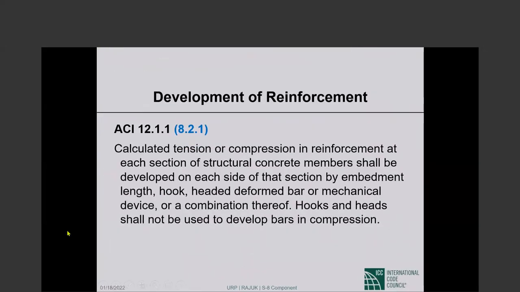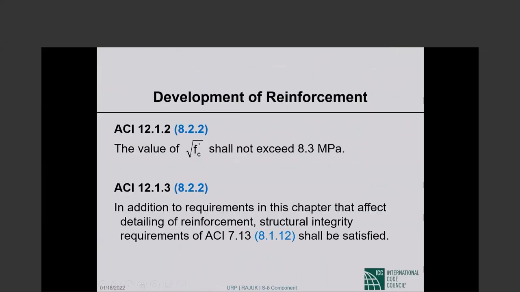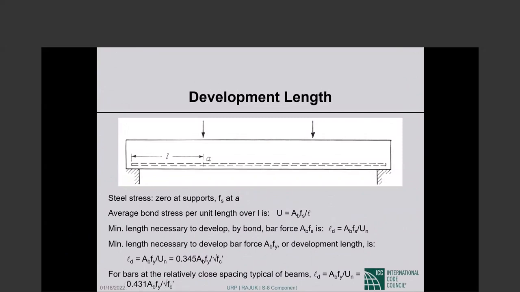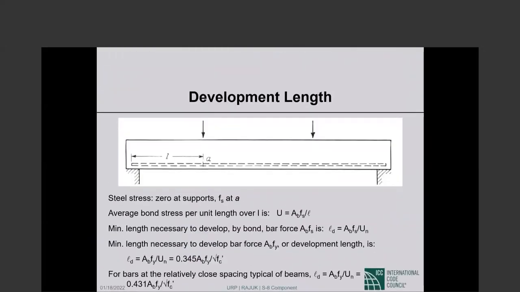Minimum length necessary to develop bar force A sub B F sub Y is 0.345 A sub B F sub Y divided by square root of F sub C prime.